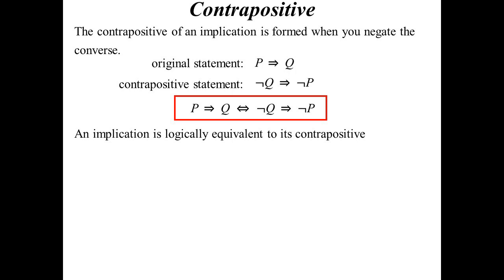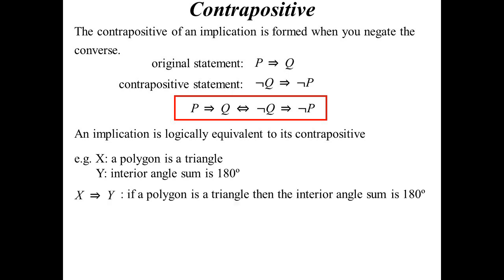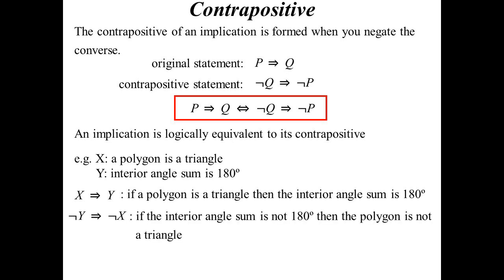Okay, so here's an example. X, a polygon is a triangle. So we know a polygon is a triangle, that's a statement. Another statement Y is, the interior angle sum is 180 degrees. So we do know that X implies Y, that's certainly true. If a polygon is a triangle, then the interior angle sum will be 180 degrees. We know that. Well, let's have a look at what the contrapositive would say.